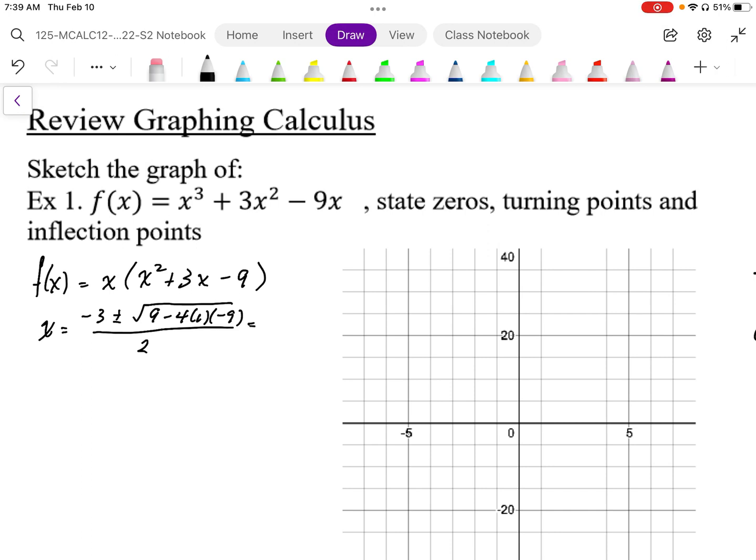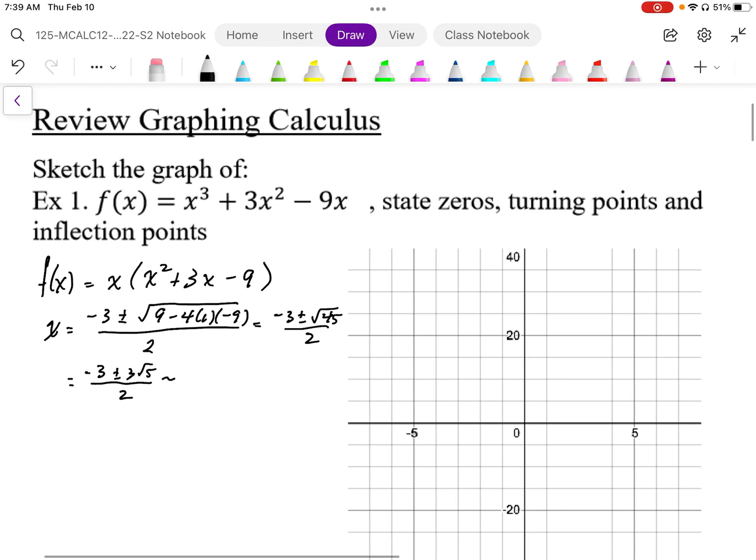So when I simplify this, I get negative 3 plus or minus the square root of, that's going to be positive 36, so plus 9 is 45, over 2. And that will simplify if we want to. We don't have to simplify the radical, but we end up with 3 root 5 over 2.